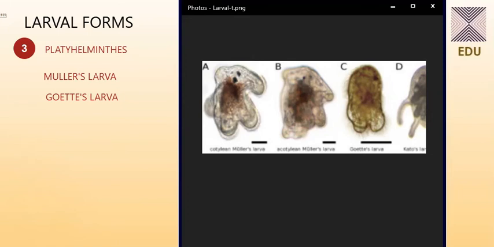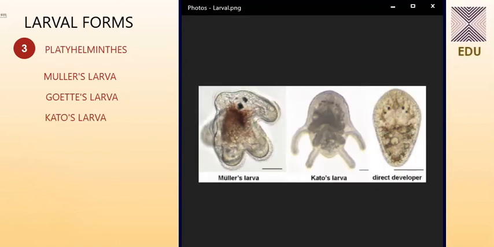Now students, if we talk about the third larval stage in the Platyhelminthes group, it is the Cato's larva. This particular Cato's larva is again dorsoventrally flattened in structure, as you can see in the diagram.